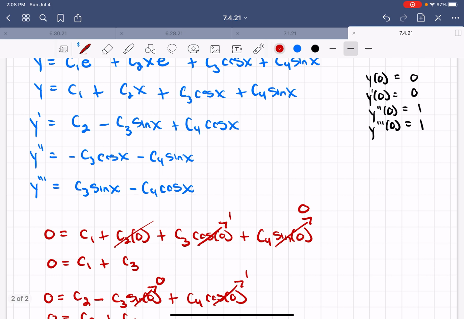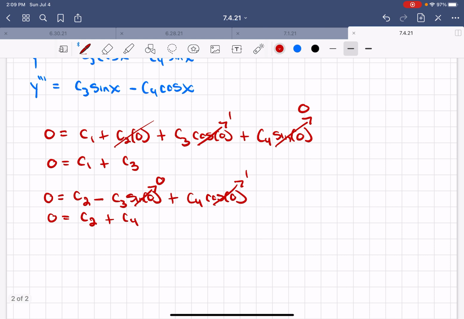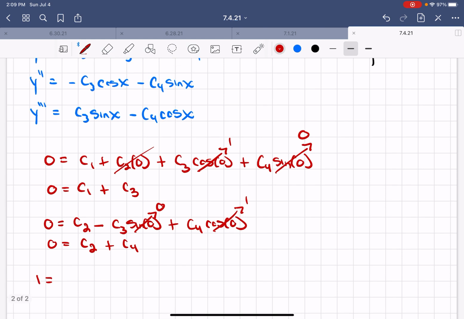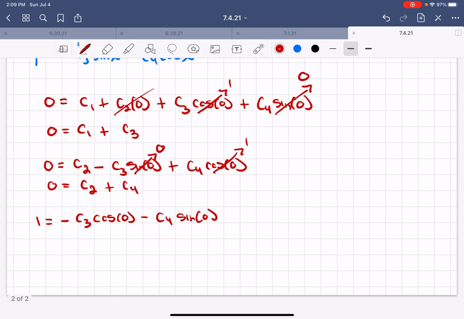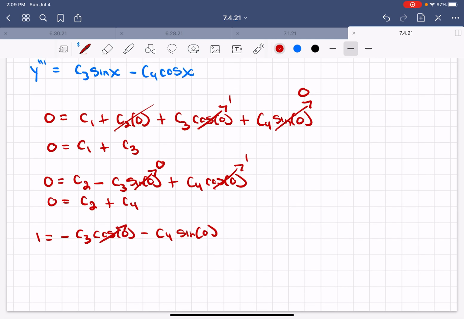Now let's go to y double prime of 0 equals 1. So that would be 1 equals negative c3 cosine of 0 minus c4 sine of 0. Again, just 1 and 0. Well, that implies that c3 equals negative 1.